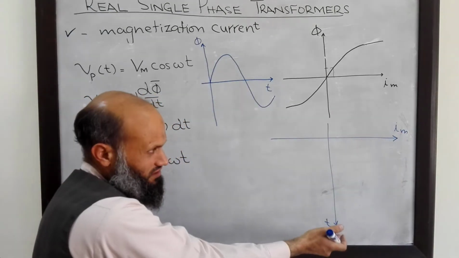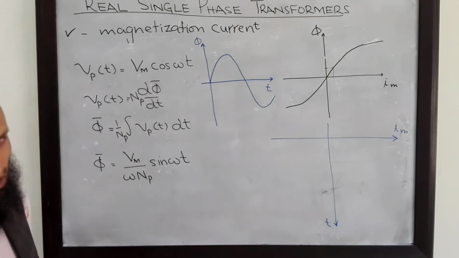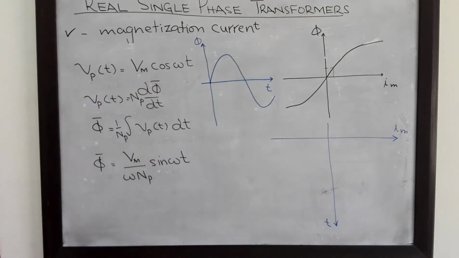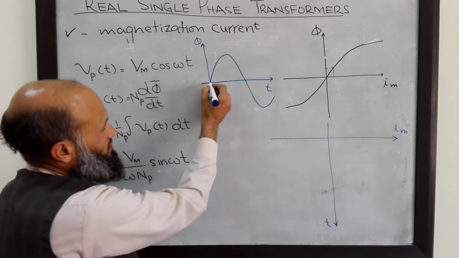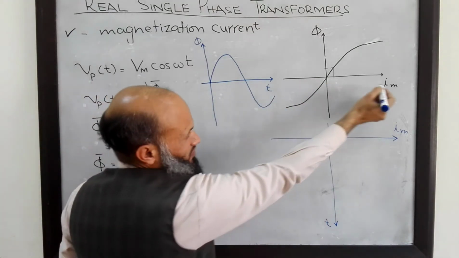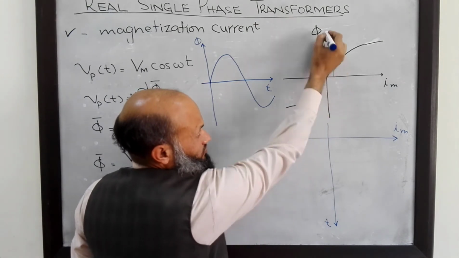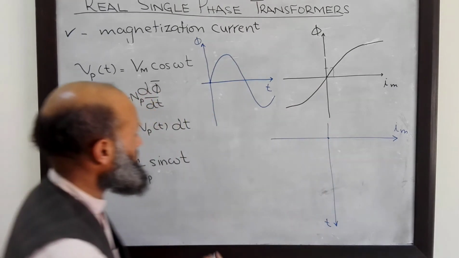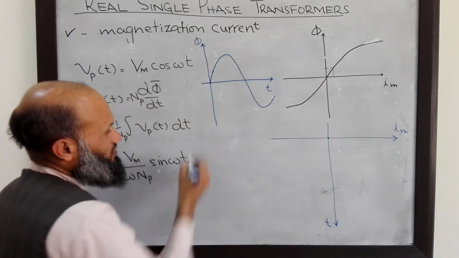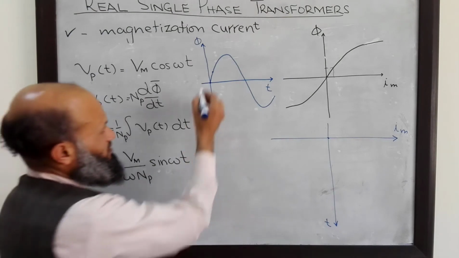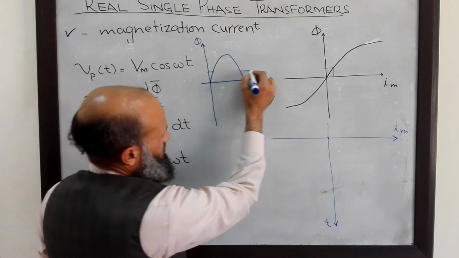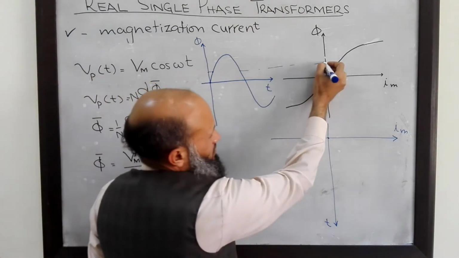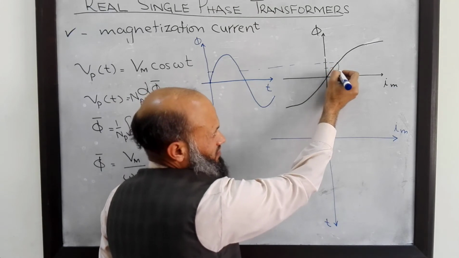Here, this is the time axis, and this axis is the magnetization current. For example, corresponding to zero flux, what is the MMF? What is the magnetization current? Flux on the vertical axis is 0, so the magnetization current is also equal to 0. What is the magnetization current for this much flux? For this much flux, the magnetization current can be read from the graph.